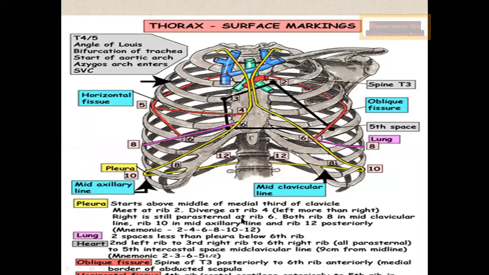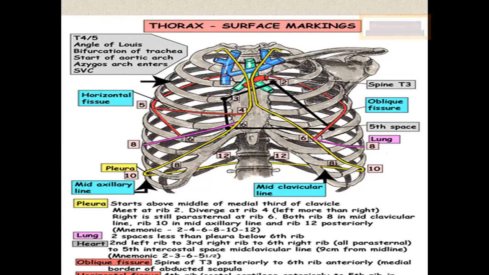Okay, so now let us see the approximate surface markings. What are the various surface markings we will see? T4 to T5, that means between the fourth and fifth thoracic vertebra, we call it the angle of Louis. We have taught you this when we were doing the sternum bone also. I told you it is a very important 3 marks question.